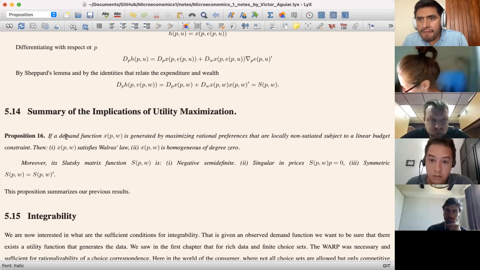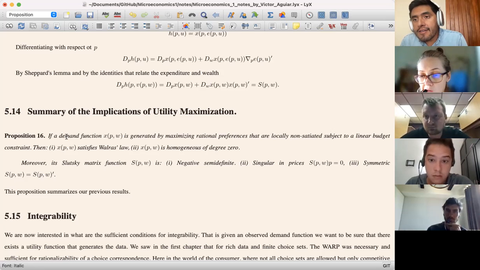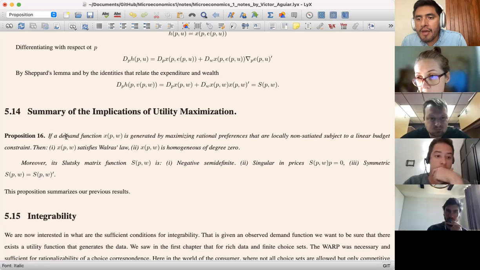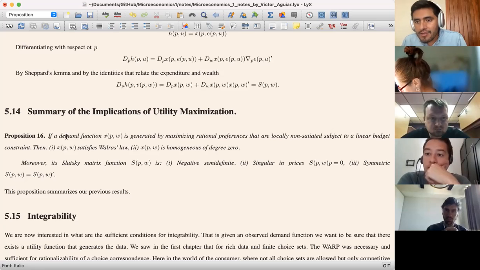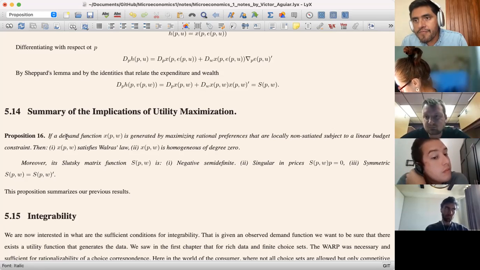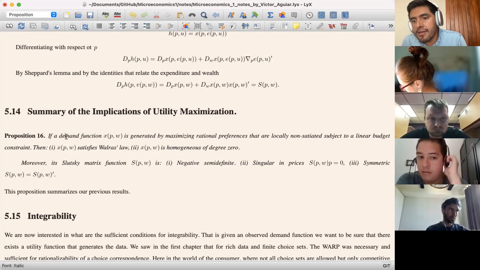And in fact, if I have a demand function, and I'm able to check that its Slutsky matrix has these three properties I described, negative semi-definite, singular in prices, and symmetric, under Walras' law, then in fact, I can use that demand to get back the utility, right? Hence, this means these three properties are the necessary and sufficient empirical conditions that characterize rationality.